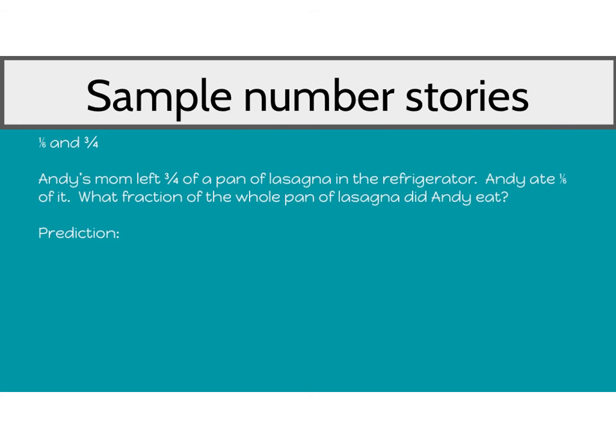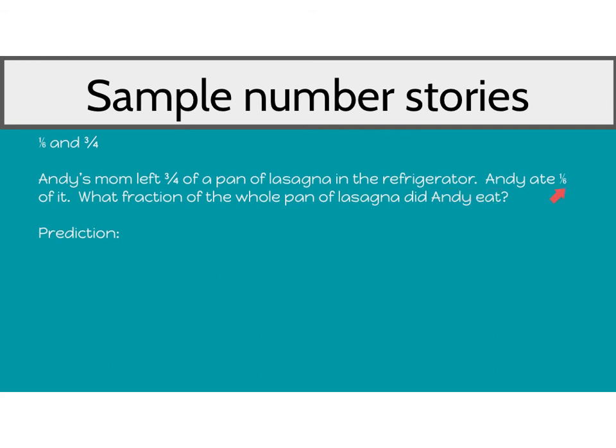All right, for our next problem, we're going to take the fraction 1/6 and another fraction with this one, 3/4. So here's my problem. Andy's mom left 3/4 of a pan of lasagna in the refrigerator.